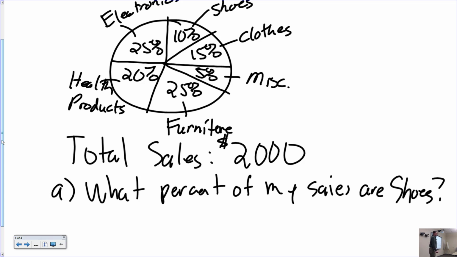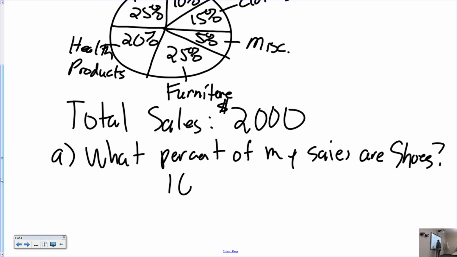Yes. Folks, if I ask you for the percent, please give me the percent. If you want to calculate how much money it is, that's great. What did the question ask for, though? The percent. I didn't even ask you to give it to me in decimal form, although I would love it if you did. You know that, right? All right, so you would say, good, 10% of my sales are in shoes.